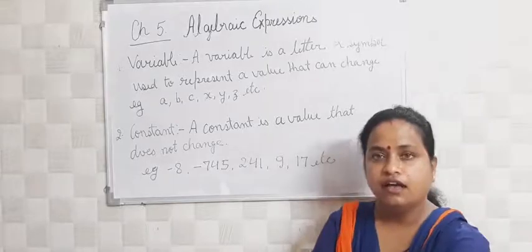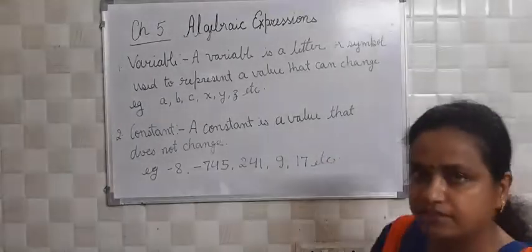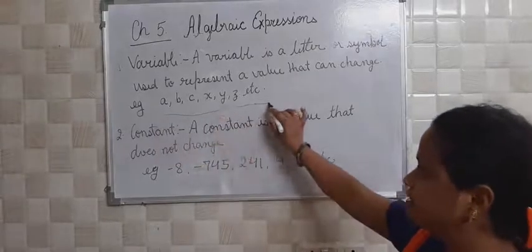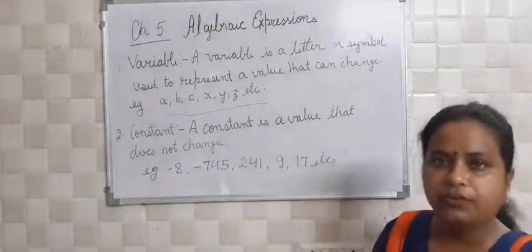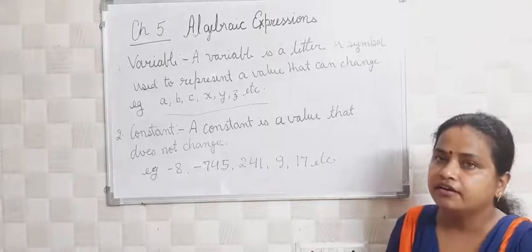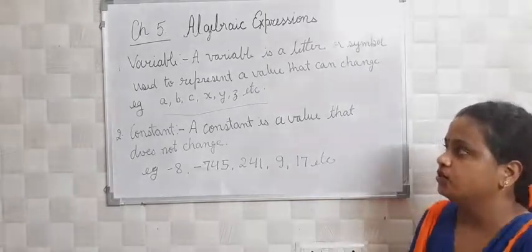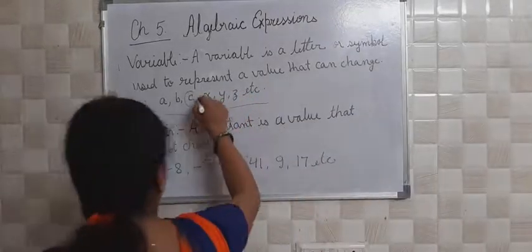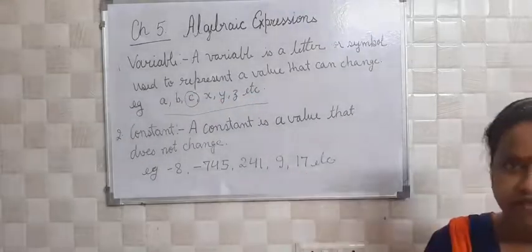So what are alphabets which we can use as a number? We can take any of them, A, B, C, X, Y, Z and so on, P, Q, R, M, N, O. These all are alphanumeric variables. So, suppose we take C, one example I am telling.